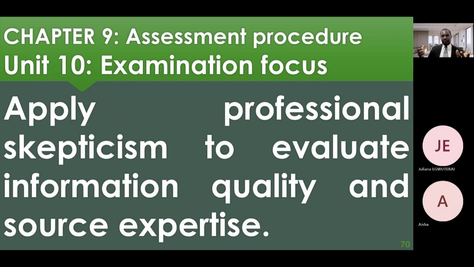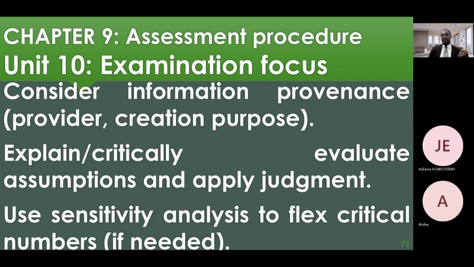Very importantly, apply professional skepticism and ethical issues, evaluate the information, the quality, and the expertise. Very important. Also consider information provenance, which speaks to your provider and the creation purpose. What does that mean? The information that was given to you in the exhibit, what is the purpose of that? And how do you use it to write your report?